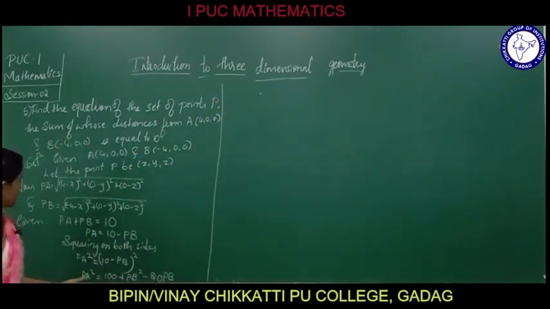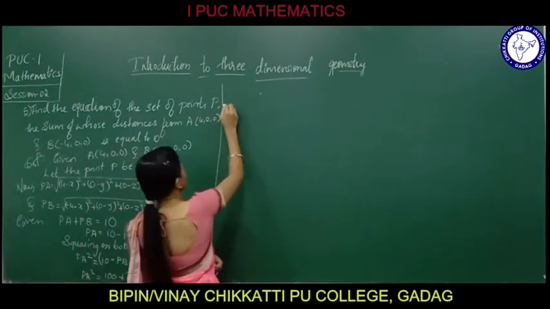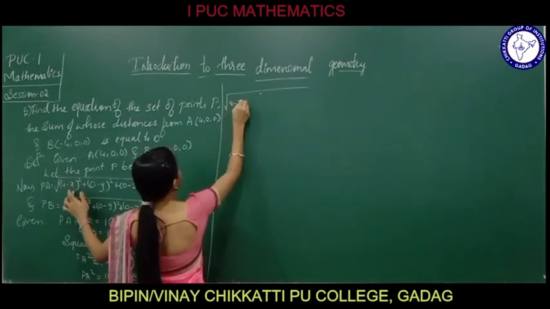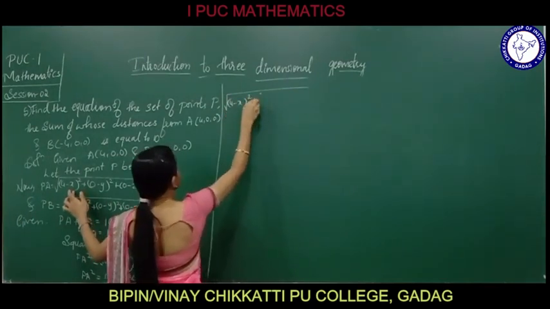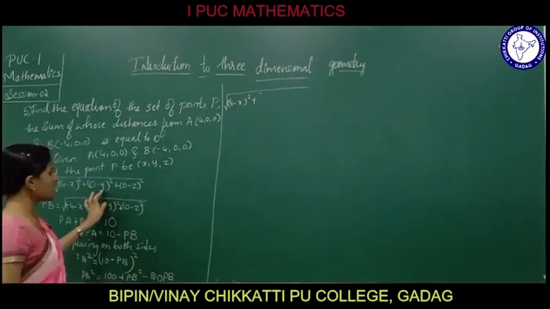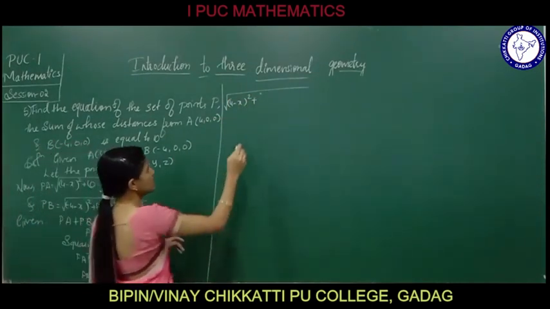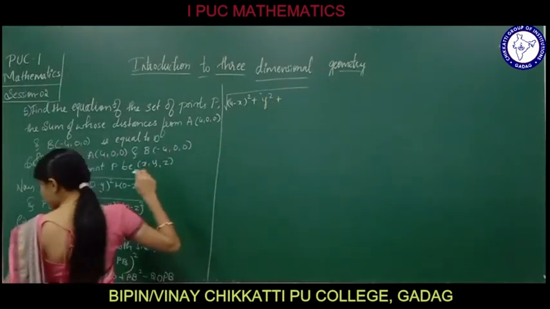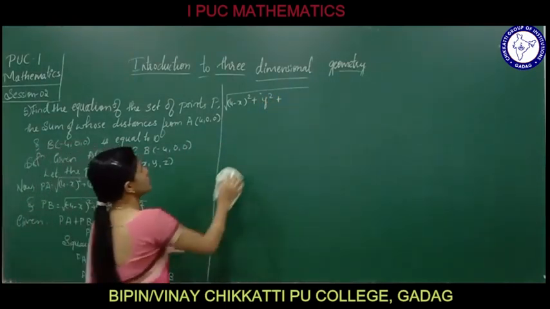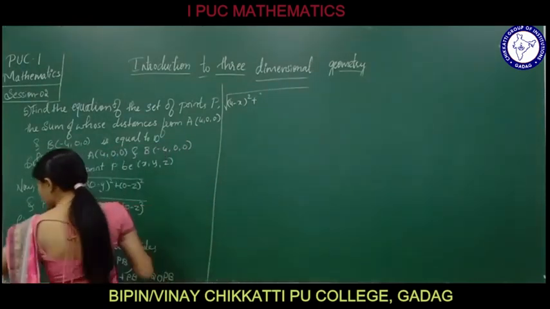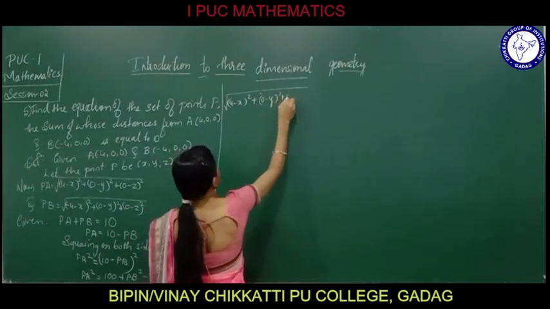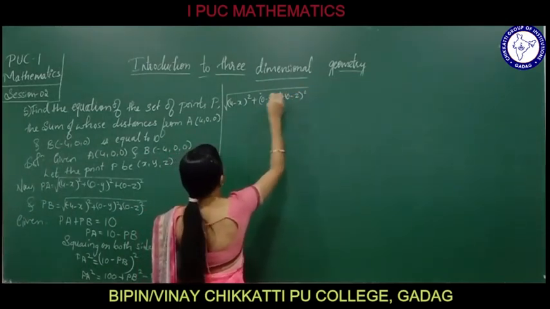We have PA, which is root of 4 minus x whole square plus 0 minus y whole square, which is y square, plus 0 minus z whole square.